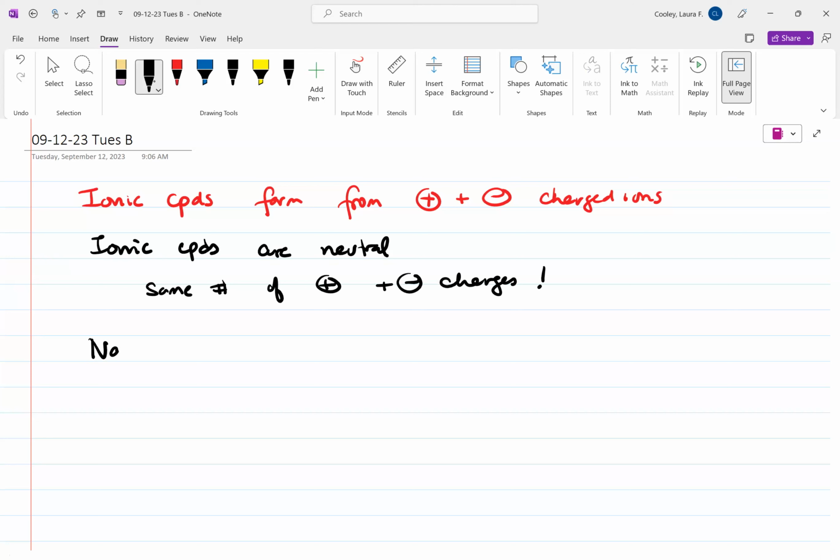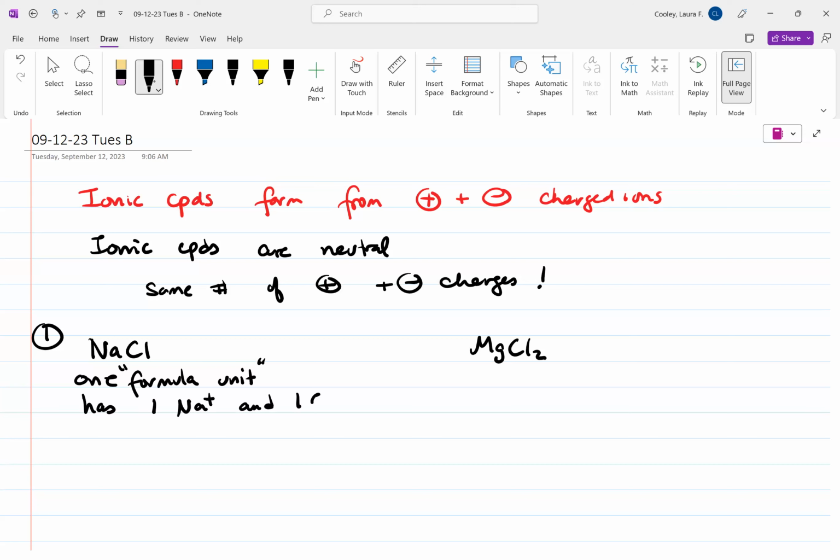So if we take the example of NaCl and MgCl2, NaCl is one formula unit. Notice I do not say molecule because it is not a molecule, okay? Because it's a continuous array of ions. One formula unit has one sodium ion and one chloride ion.